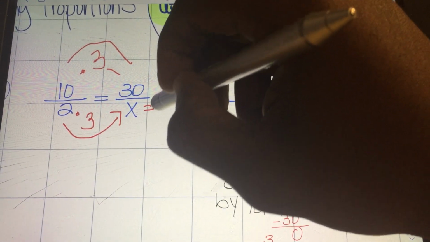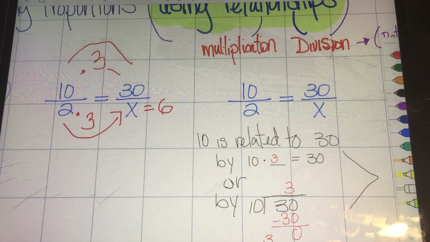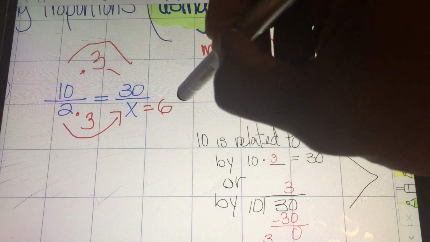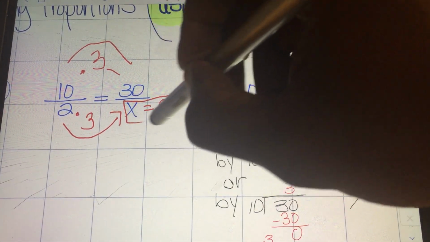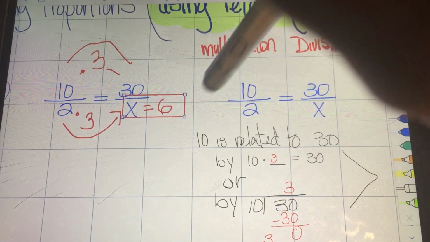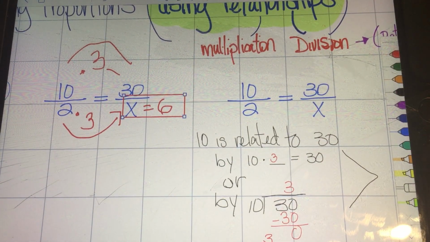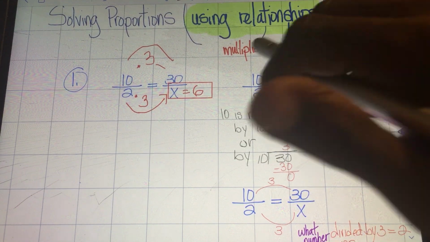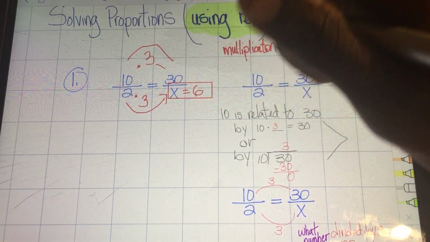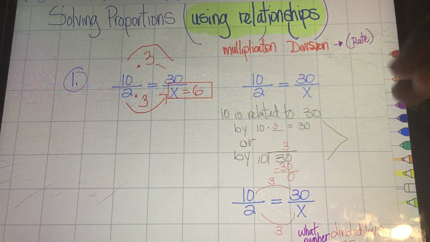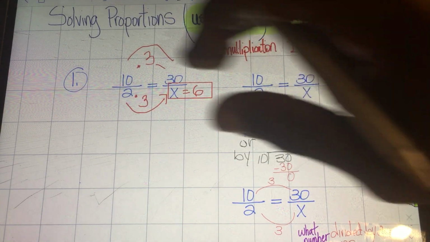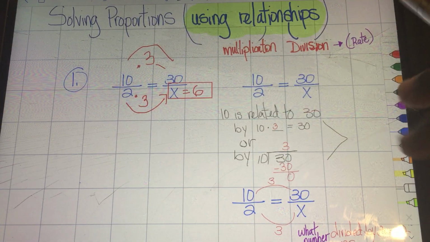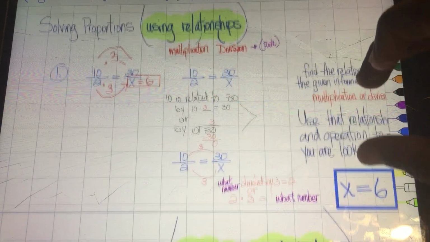And we all know that 2 times 3 is equal to 6. And so we are able to find our missing value that way. Again, we use either multiplication or division to identify the relationship between the given information to figure out our unknown information.